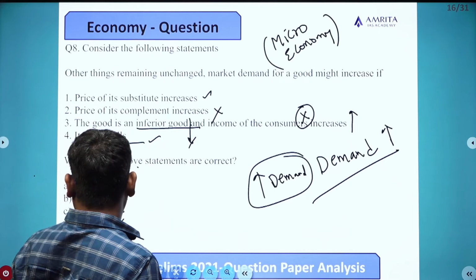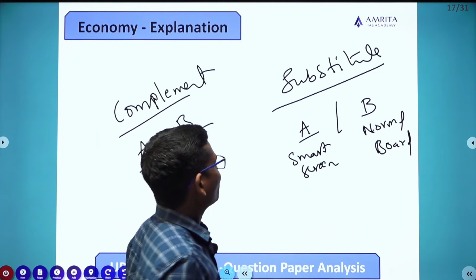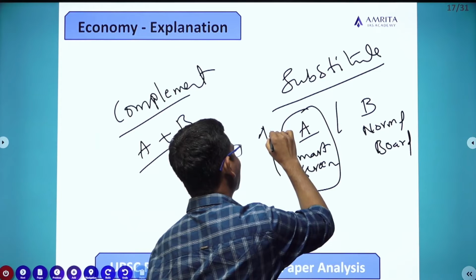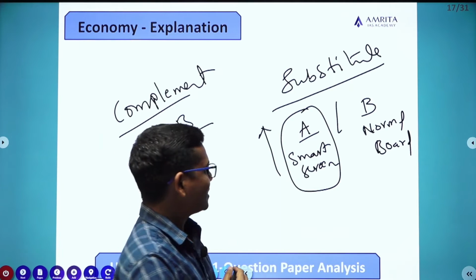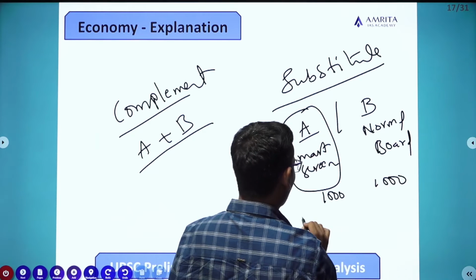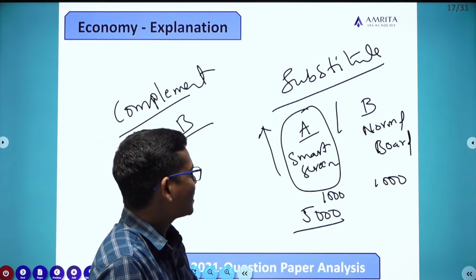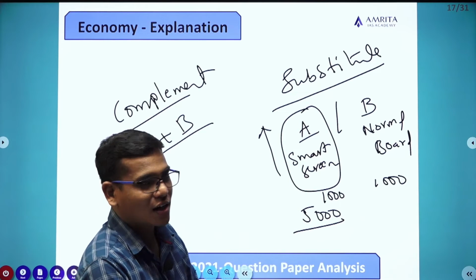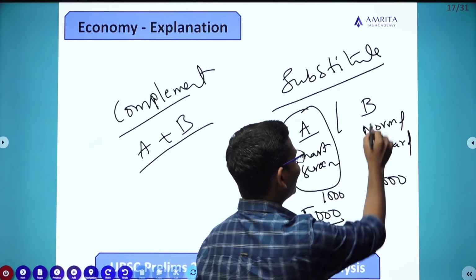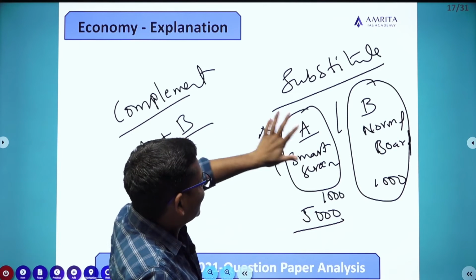The price of its substitute increases. Just assume this is a substitute product. Earlier it was 1000 rupees and the other was also 1000 rupees, but suddenly it has become 5000 rupees. When it has become 5000 rupees, will the people go for the substitute product? No, because the price is very high. So they will go for the other product.